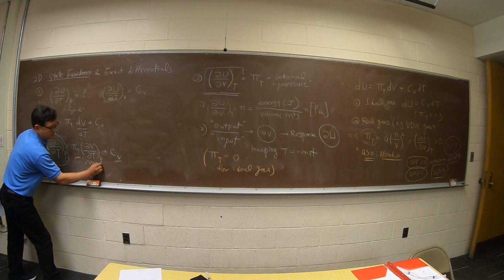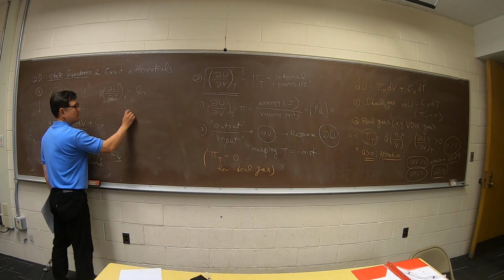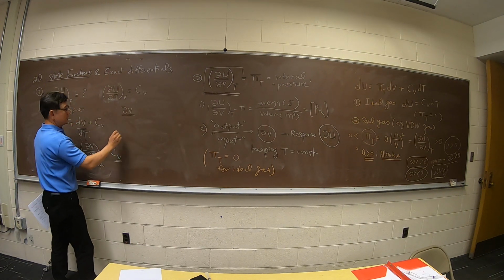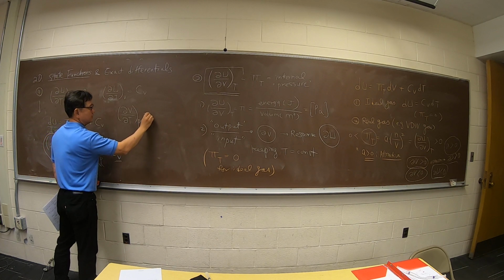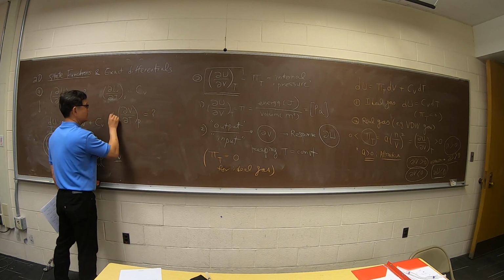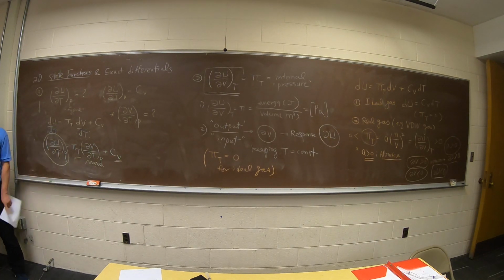And then you have to deal with some new variable, which is this volume change when you change the temperature at constant pressure. So how am I going to deal with this? This is a new quantity of interest for me to deal with.